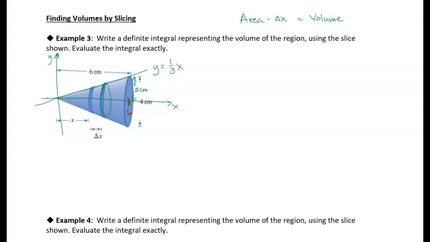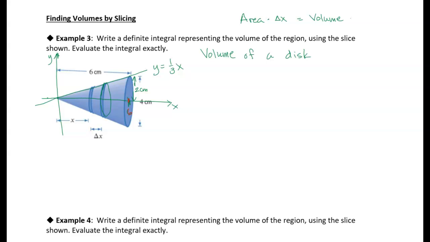All right, so let's look at what is the area of any given disk. Or I could even just say the volume of the disk, because if I take the area times the thickness, I'll get the volume. So the volume of a disk is equal to the cross-sectional area, which is pi r squared, since it's a circle.